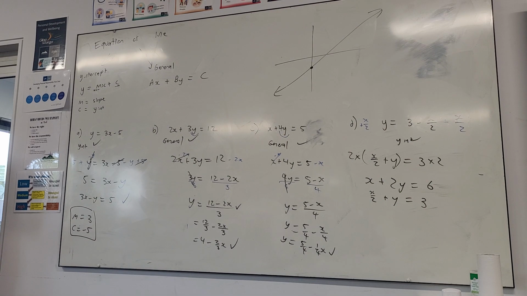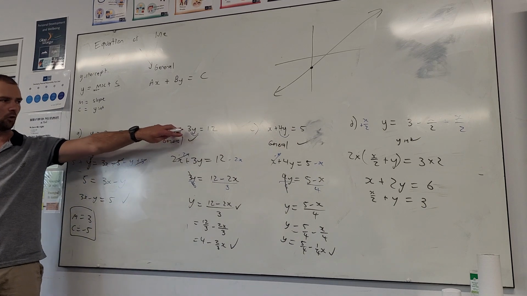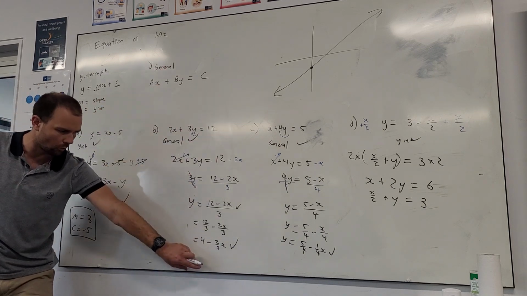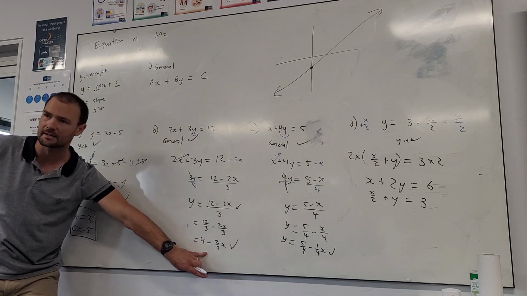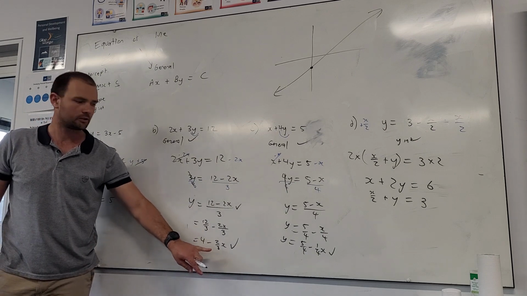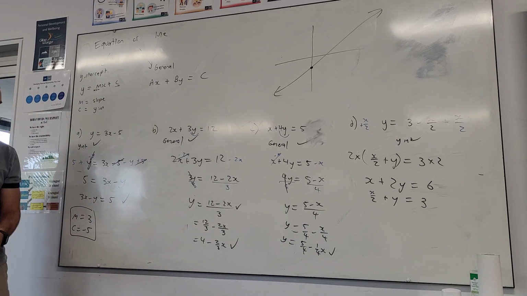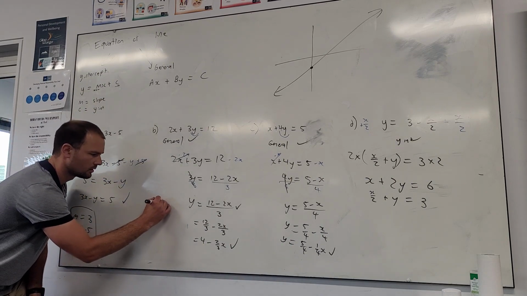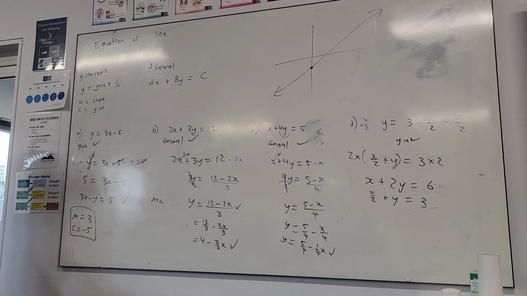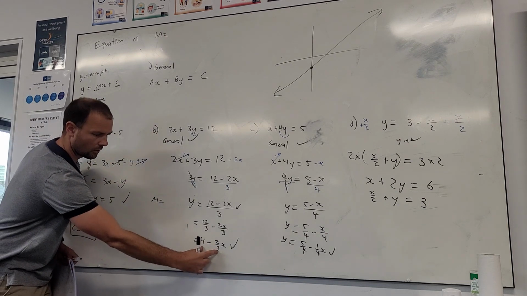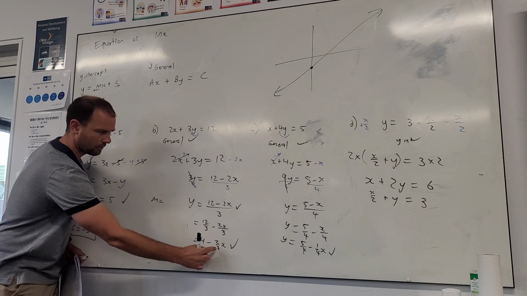Alright, for the second line. For the second line, we started in general form and we rearranged it to y-intercept form. Here it is in y-intercept form down here. Okay, who wants to tell me what the slope is? Jolie? 2. Of this one? 2 on, negative 2 on 3?